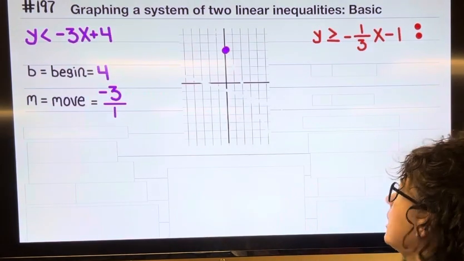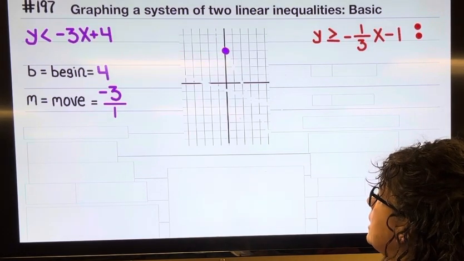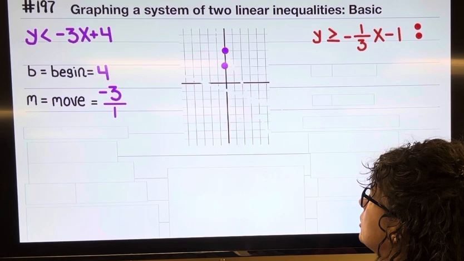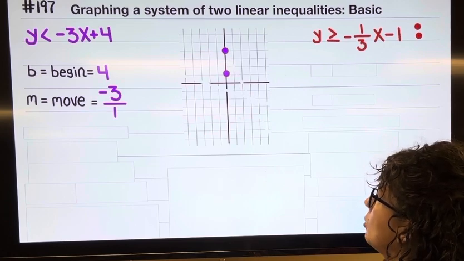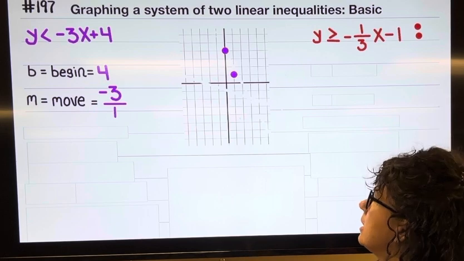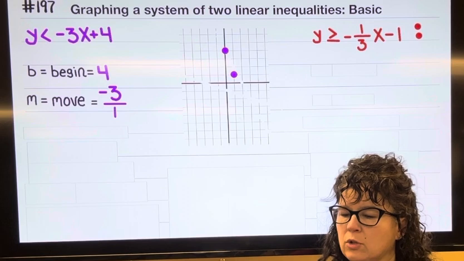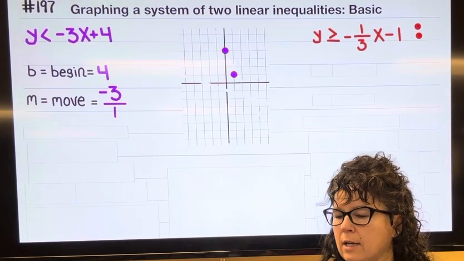So I'm going to come right here, and I need to rise -3, so down 1, 2, 3, run +1, and now I have another point, so I'm ready to draw a line.